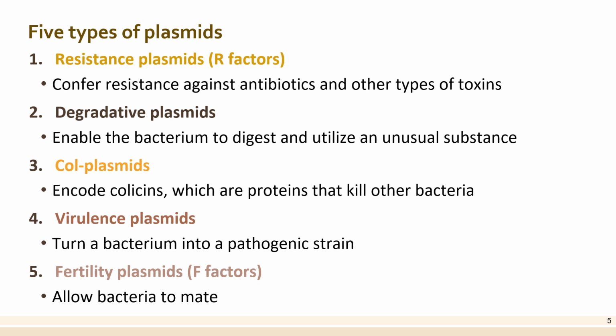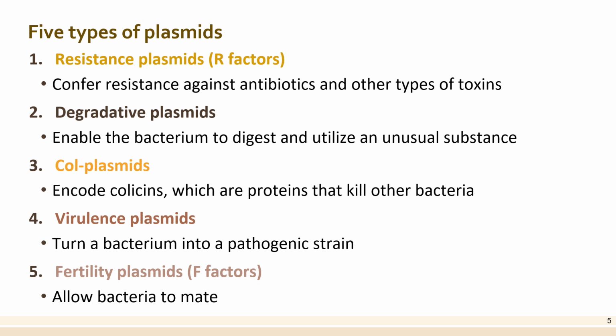So maybe they live in an environment where there's a particular chemical that's not very common somewhere else, or a particular mineral or something like that. Col plasmids encode colicins. These are proteins that are essentially antibiotics against other bacteria. So they are basically the bacteria producing an antibiotic that is going to kill other bacteria in that region.